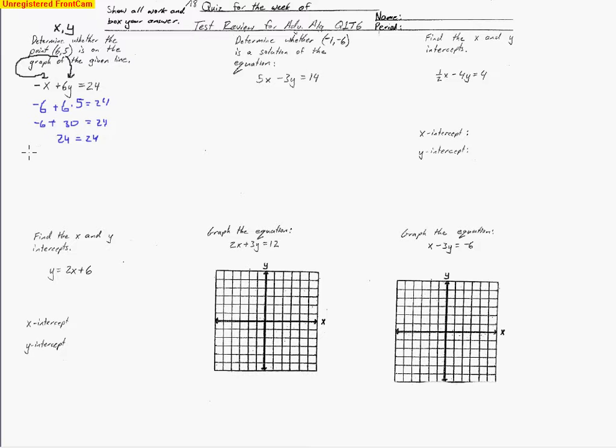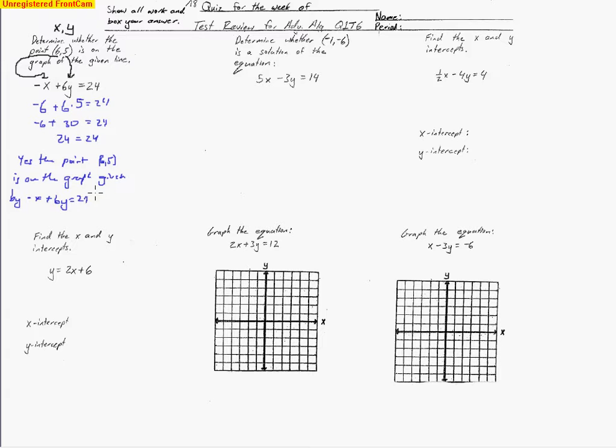So we would say, yes, the point (6, 5) is on the graph given by, and then we'll write the equation.